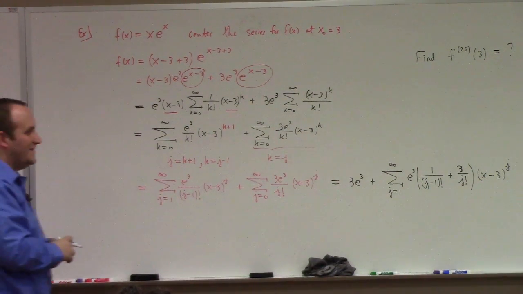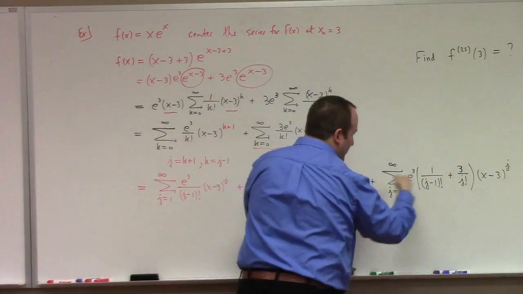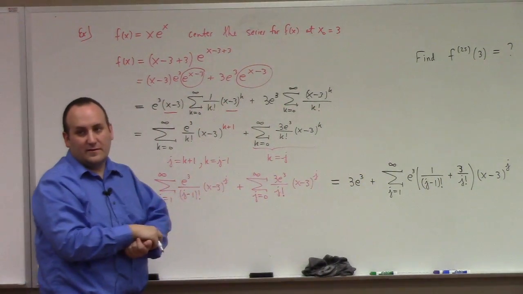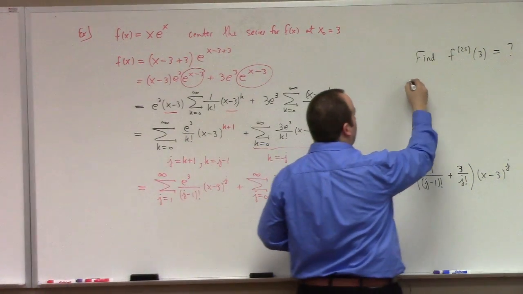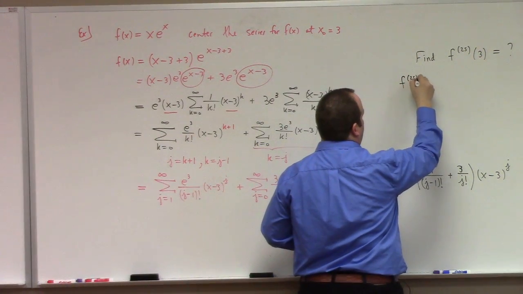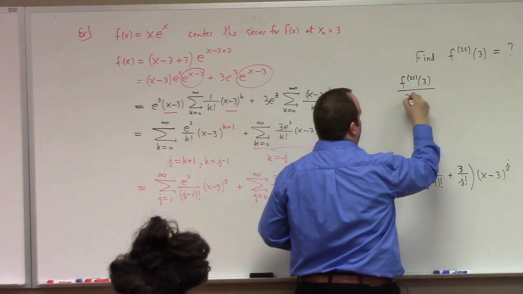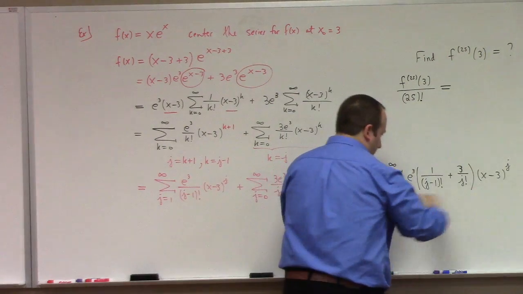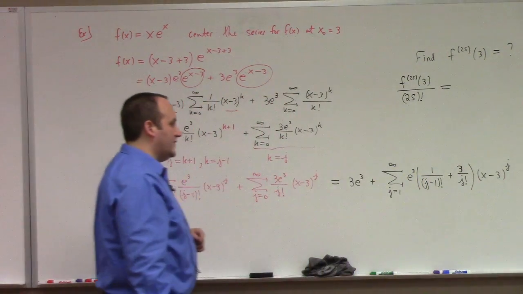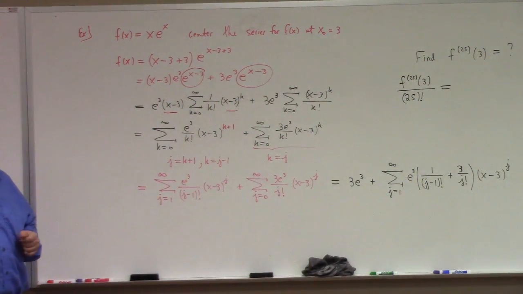So we know that if we pick off the 25th coefficient here, that will tell me the 25th derivative, right? So all I have to do is say, well, the 25th derivative at 3 divided by 25 factorial has to be equal to, let's see, how do I get the 25th coefficient? Well, in this case, I just put j equal to 25, right?